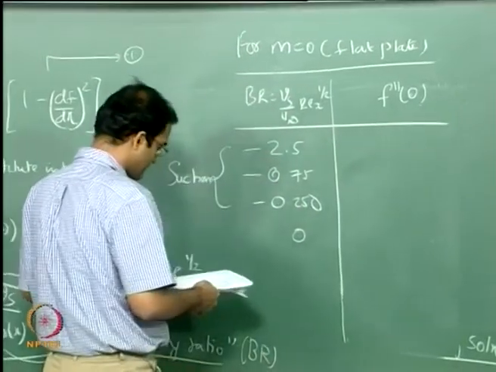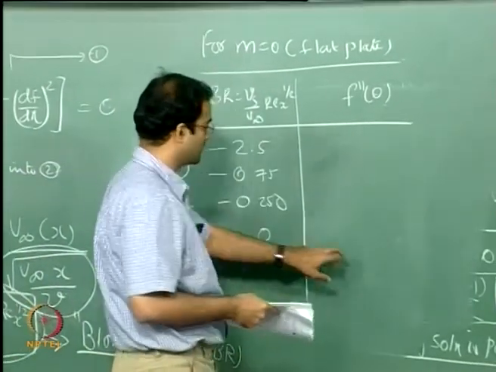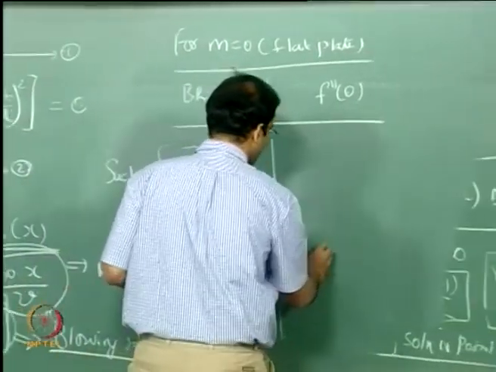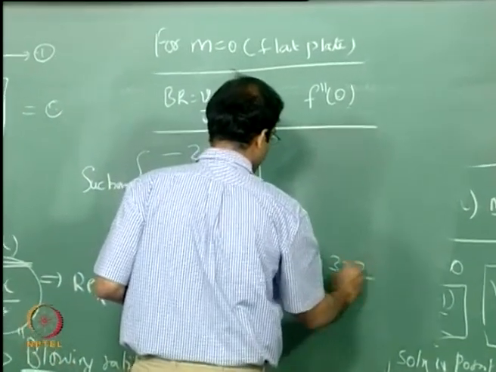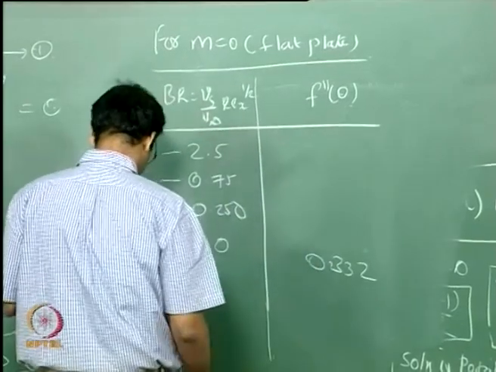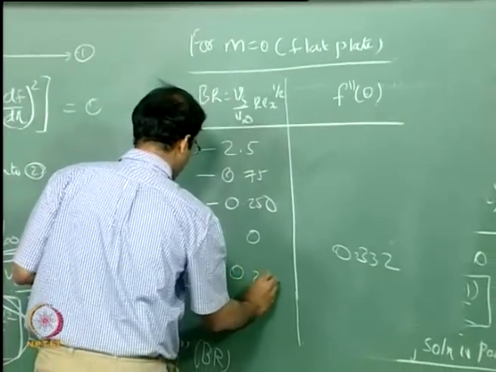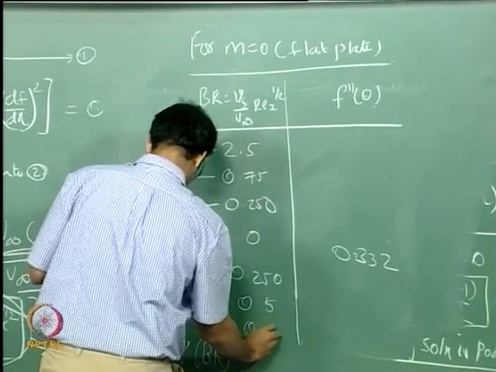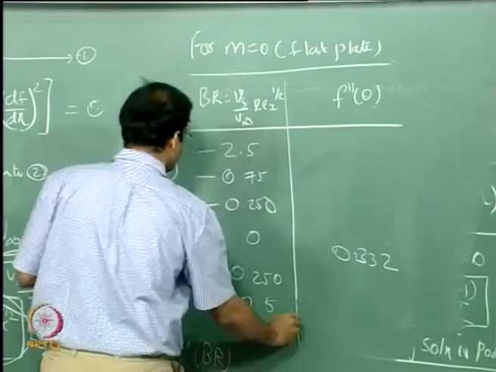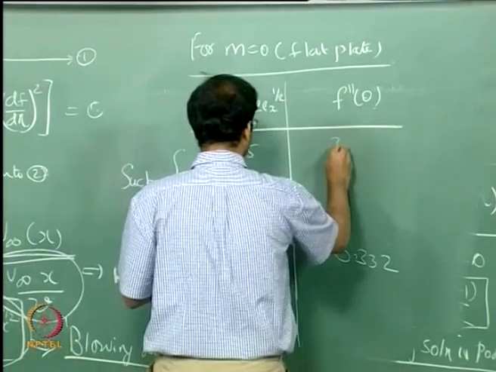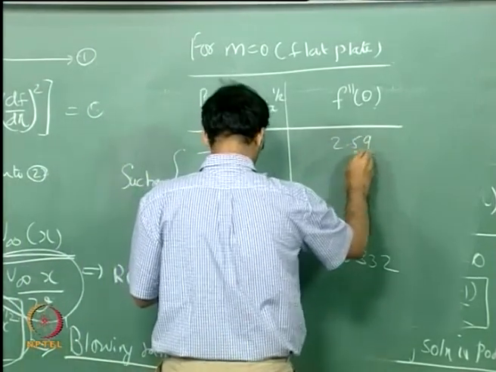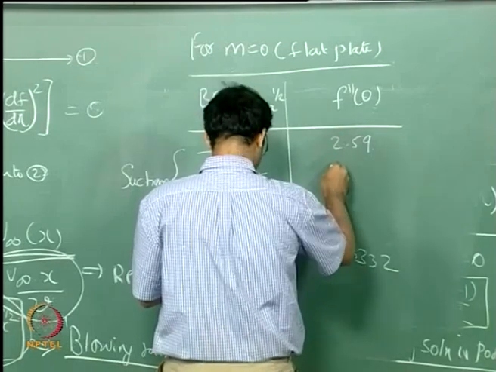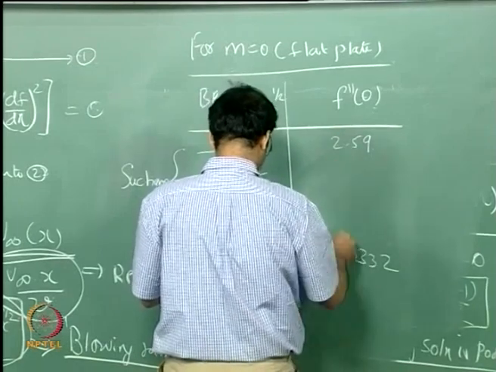Now you tell me what should be the value for blowing ratio of 0: 0.332, okay, which we have already derived from Blasius's solution. Then for 0.25 you have 0.5, 0.585, okay, this is like 2.59. So you can see the curvature increases with suction and actually decreases with blowing.